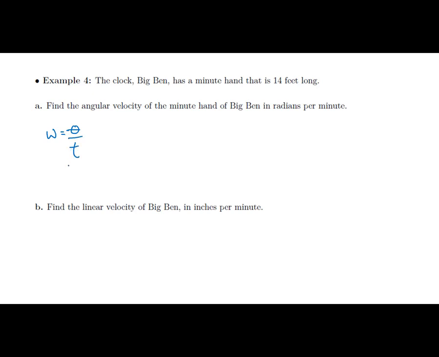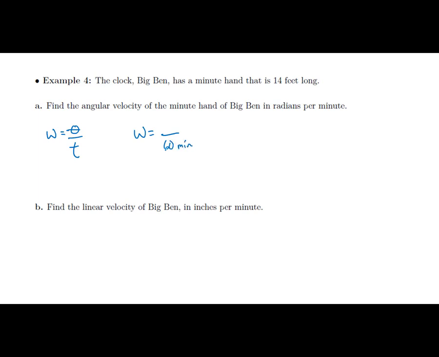We know our angular velocity is given to us by theta over time. So let's think about a convenient amount of time. We want radians per minute, but it might make sense to think about once around the clock. If we go once around the clock, that'll take 60 minutes, of course.